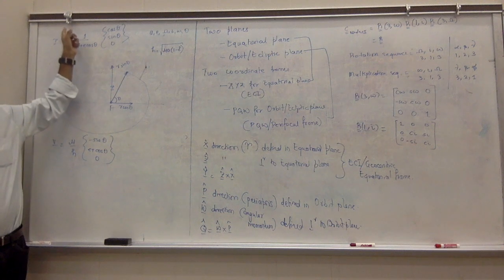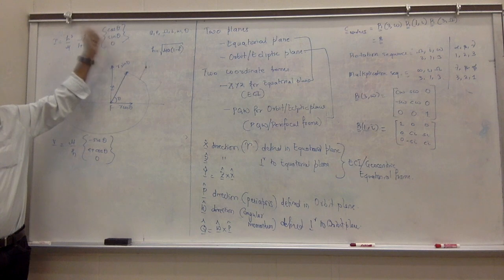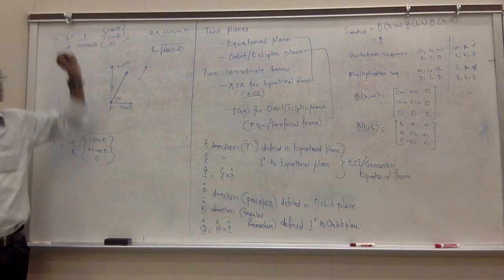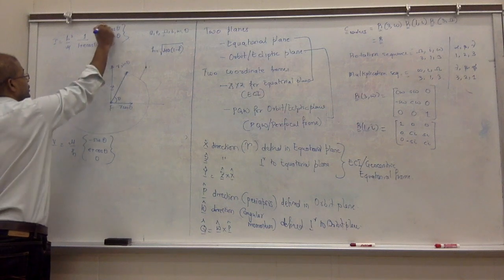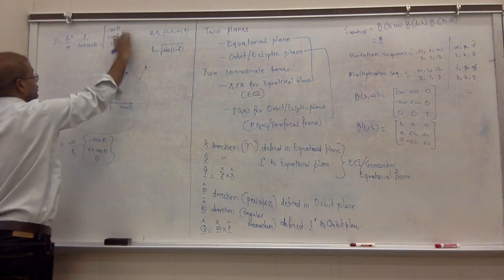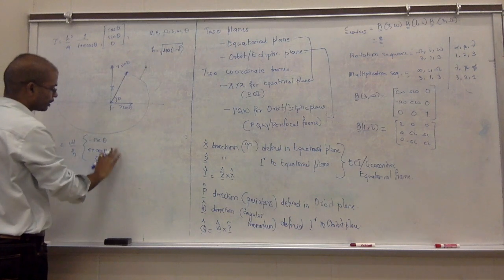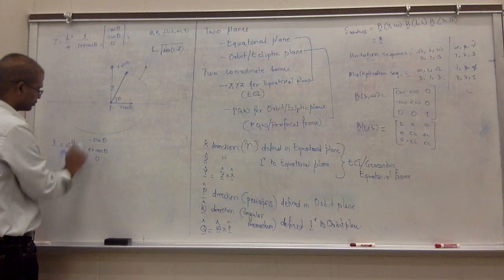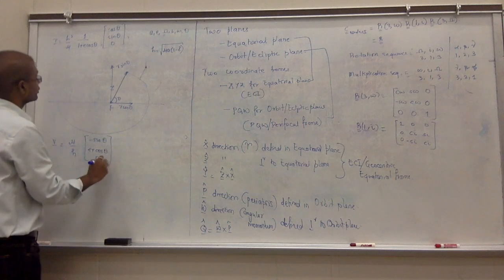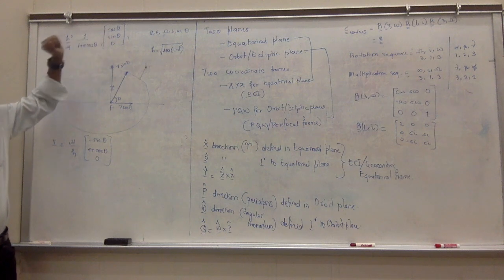This multiplied by the first row would be the X component, with each component. This is the scalar part, and this is the vector part.